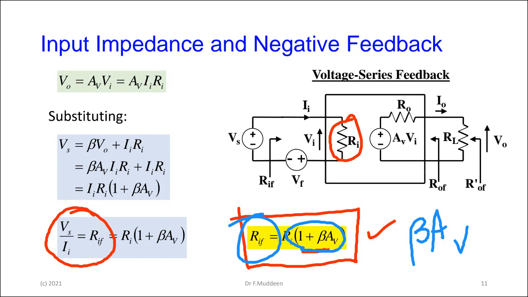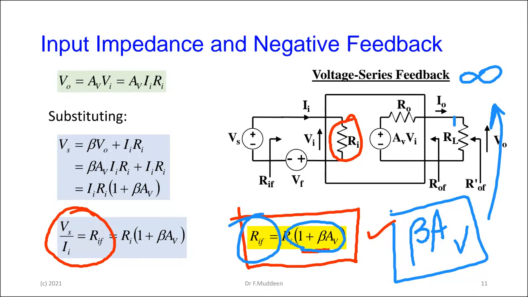Now remember, yesterday there was a table where we had the 4 types of amplifiers and the input and output impedances. The ideal one for voltage series feedback is that the input impedance is supposed to be infinite. Of course, we know it's not going to be infinite, but when we put feedback in, we are increasing it, making the input impedance even bigger.